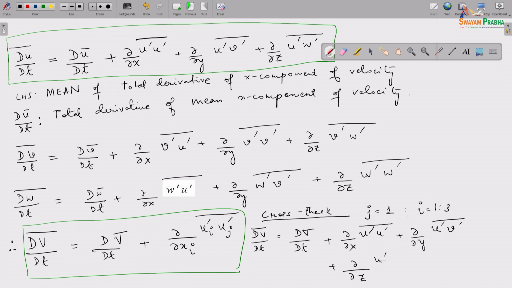So, the u dash will remain, and then what you will have here is this and this. So, now that works, right.